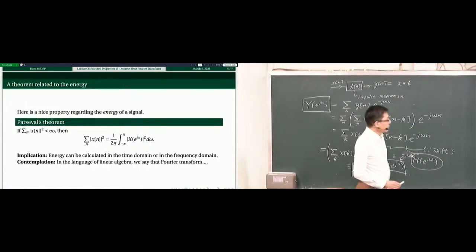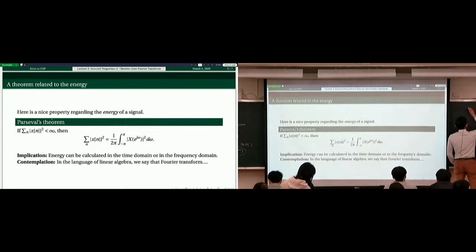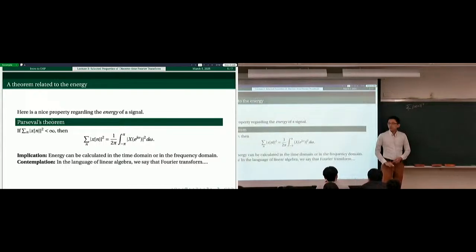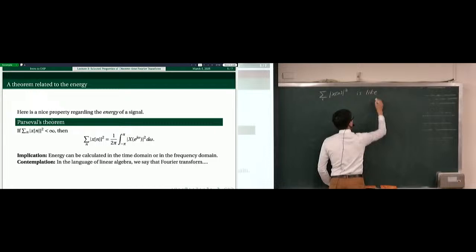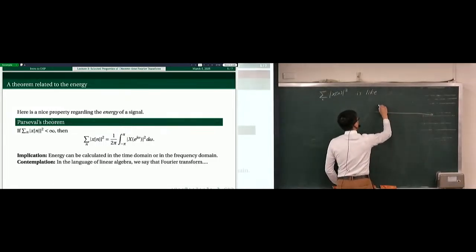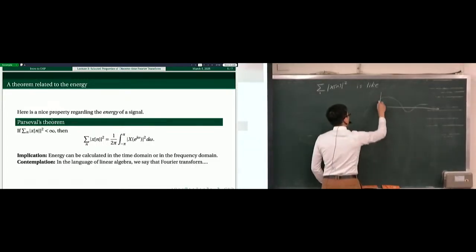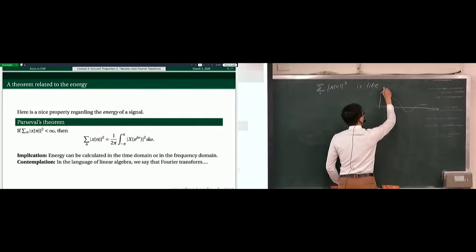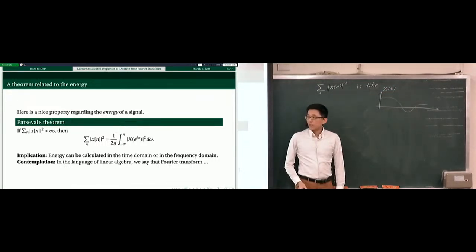The reason we call this energy, so let me make a remark right here. We sum over all n, and when we sum over x squared in time, so let's say we have an x_c of t in continuous time to begin with, right?